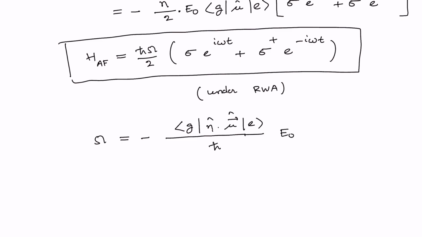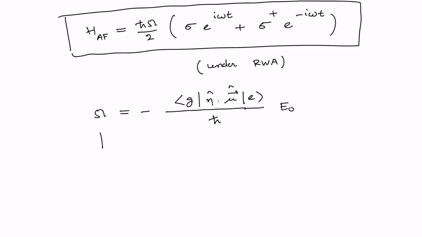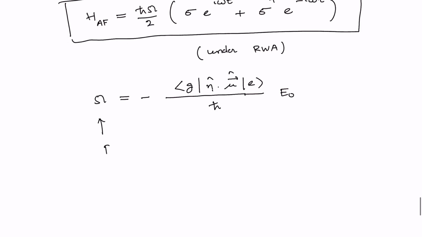As you can see, this omega is associated with the amplitude, or intensity, of the electric field, and this quantity omega is popularly known as the Rabi frequency, a very useful parameter. It is associated with the electric field intensity of the light field as well as the dipole moment of the atom. When the Rabi frequency is non-zero, we can say that there is a coupling between the atom and the field.